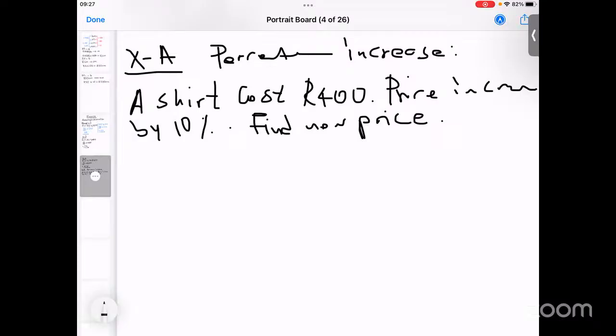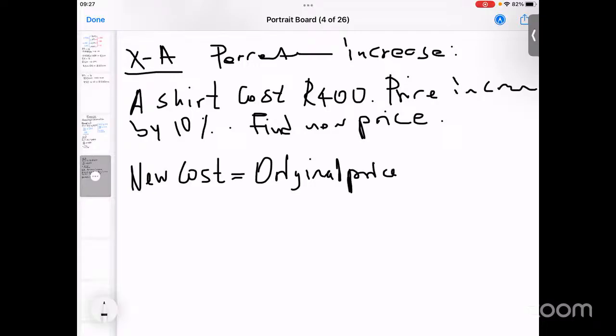So to calculate the new cost, the new cost will have to be the original price, and to that original price you will have to add 10% of the original price.